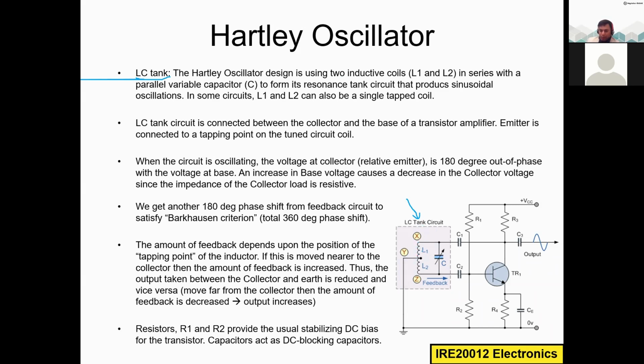You can see this is L1, the first inductor, and this is L2, the second inductor. And we have the capacitor in parallel. You can notice a small difference here. I put the capacitor symbol and I put an arrow mark, right? So what does it mean?